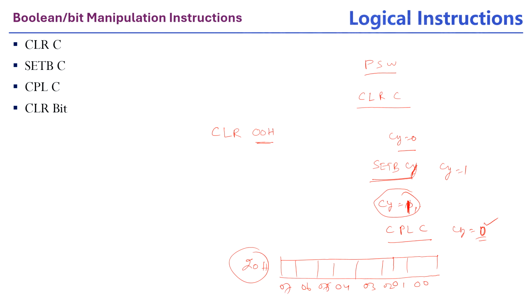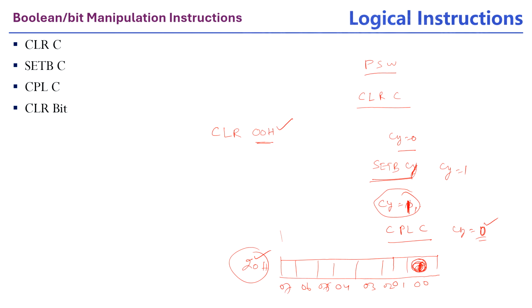Let us consider clear bit. Suppose it already has 1, but now I execute this instruction, CLR 00H, then this will become 0. The 00H bit available in the 20H location is equal to 0 here. Only this bit will be cleared to 0.